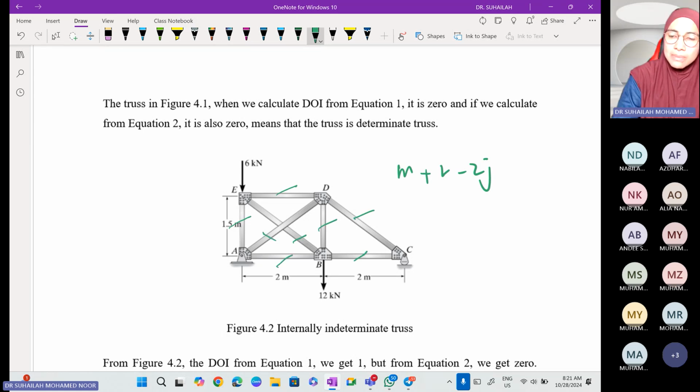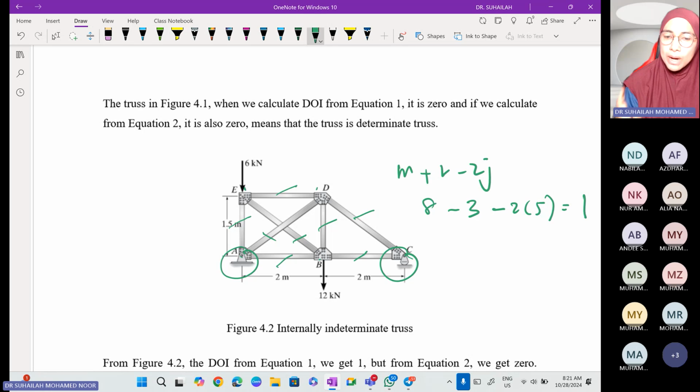So there are 8 members, plus r, the reactions. The reactions here come from 1 pin and 1 roller, which means there are 3 unknown reactions. Then 2j, joints 1, 2, 3, 4, 5, so minus 2 times 5. So this is equivalent to 1. Now we just need to check for externally or internally indeterminacy.